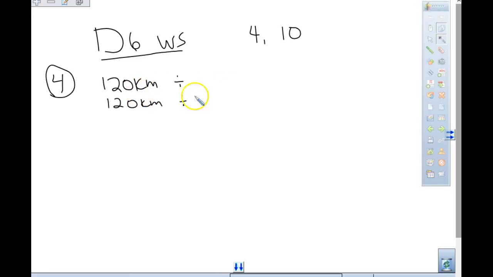So on the way upstream, it took us 5 hours. So you're going to take in number 4, 120 and divide it by 5. 120 divided by 5 comes out to be 24 kilometers per hour. That is when we take our boat and we minus the current, right?